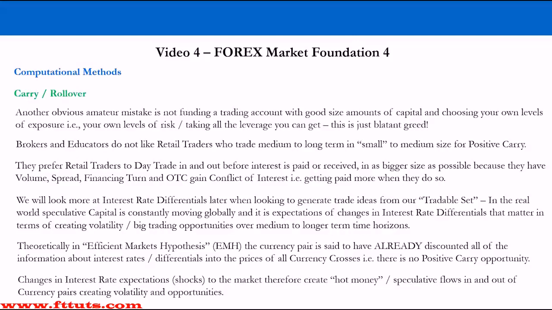And theoretically, if you've ever heard of this, the efficient markets hypothesis, which basically states that all information in financial markets is discounted into the price of the asset already. Spend some time online having a look at that. But theoretically, in the efficient market hypothesis, the currency pair is said to have already discounted all of the information about interest rates and differentials into the prices of all currency crosses.